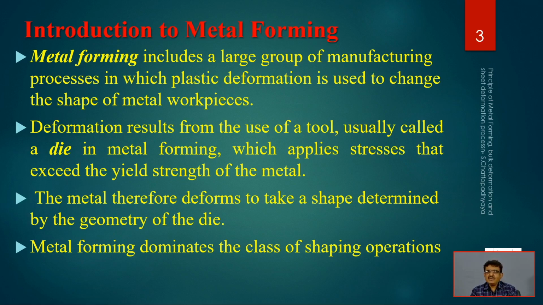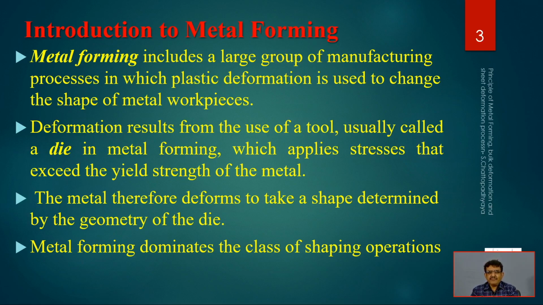What is strain? Dimensional changes. And plastic strain means the permanent dimensional change beyond the yield strength of the metal. So we have to know the yield strength of the metal, and on that basis find out how the metal can be permanently deformed in the plastic zone.